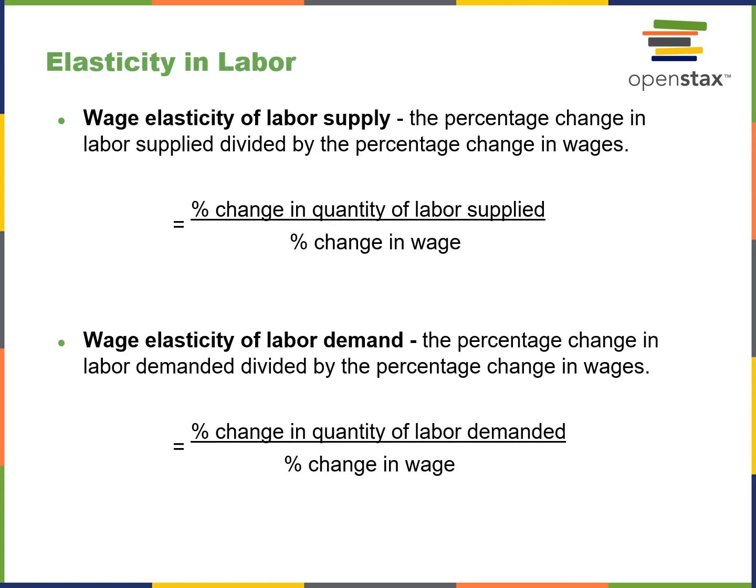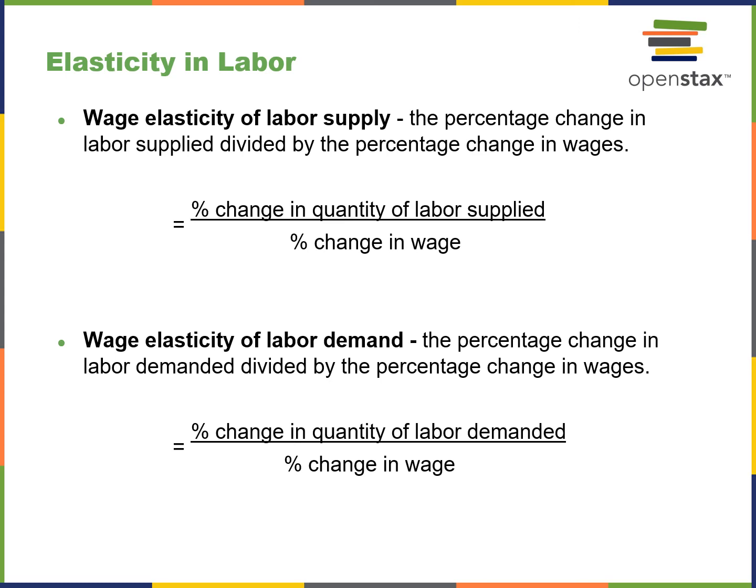In this slide, we have elasticity in labor supply and labor demand. And you'll notice the formulas are similar. Change in quantity demanded, so that's a delta, and the delta in the wages, the delta in change of quantity demanded divided by the delta in wage.